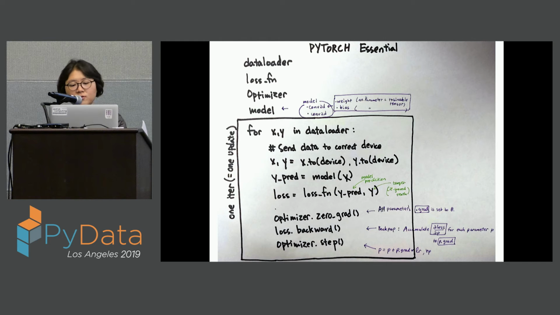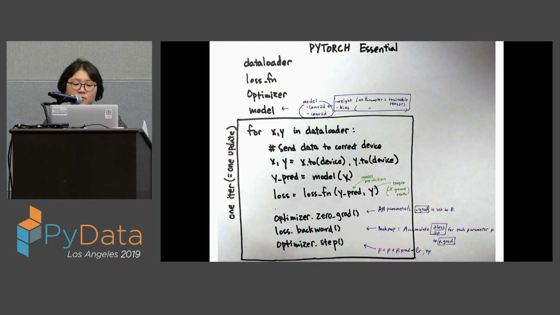And when we call model on the input, which invokes the __call__ function defined in your model, it will do the forward computation on your input X. And then it'll give you the output prediction of your model. And then we use the loss function that we're going to define to compute some kind of loss between your prediction and target Y. So at this point, your loss is also a tensor that has been computed using your input and the target Y.